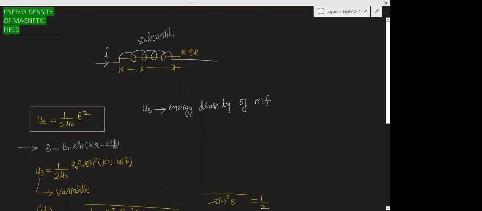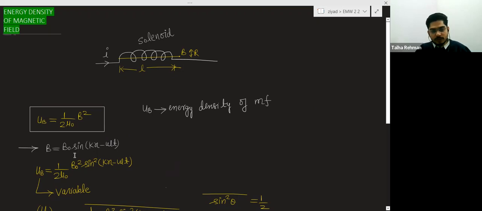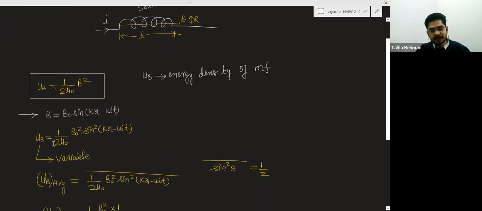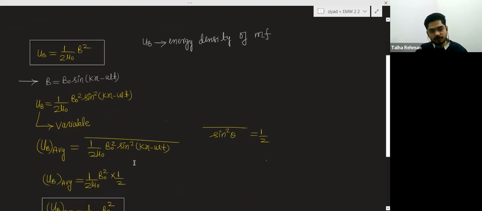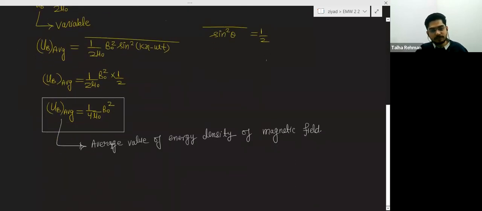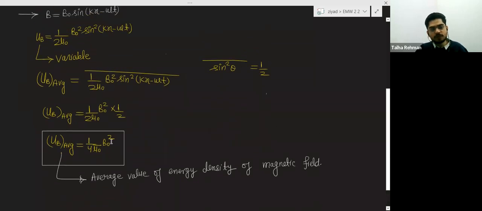So when you put this value of the magnetic field and in the same way take the average, the average value of sine square of any theta is half. So you will get 1 by 4 B naught square by mu naught, the average value of the energy density of the magnetic field.